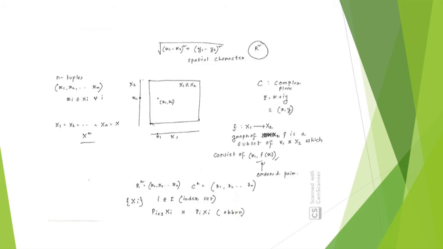If small z is a complex number and has the standard form x plus iy, where x and y are real numbers, then we identify z with the ordered pair (x, y), and thus with an element of R2, a correspondence.